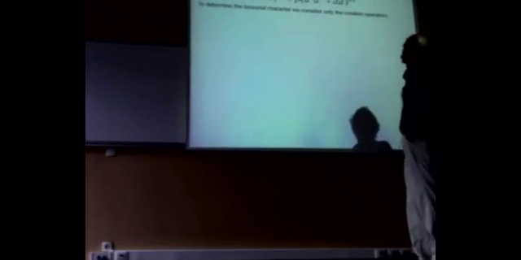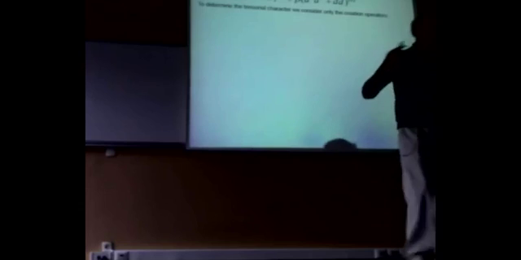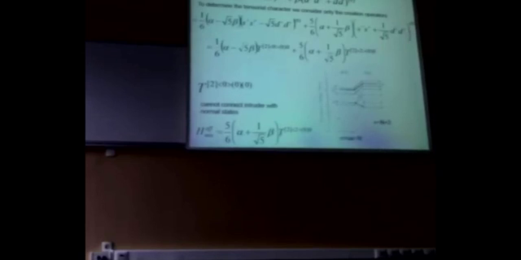Moreover, there is more to the story, because we can determine the tensorial character for O6. Remember we had these O6 wave functions before, and so we can now rewrite it.